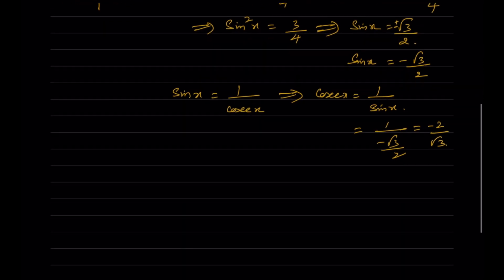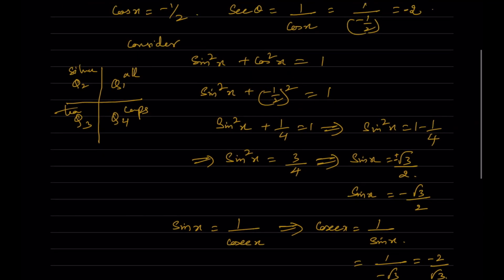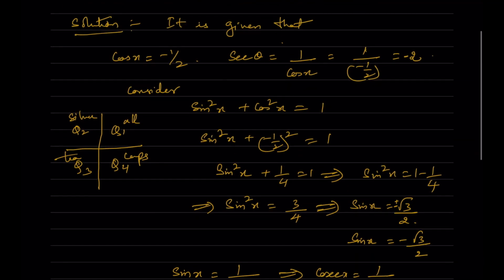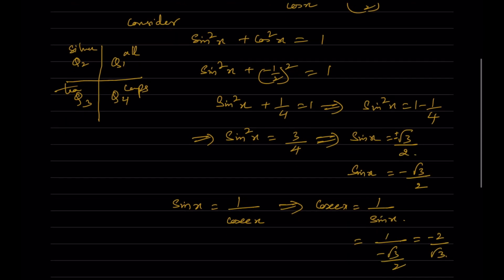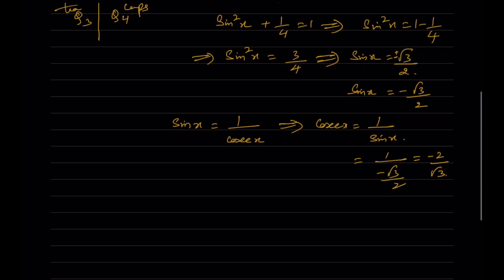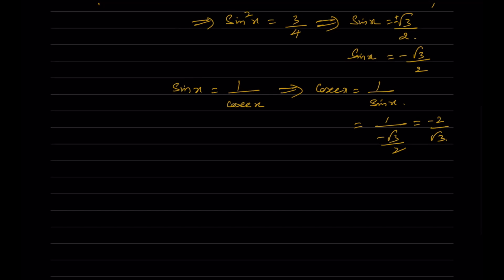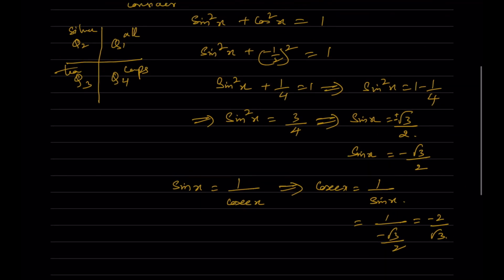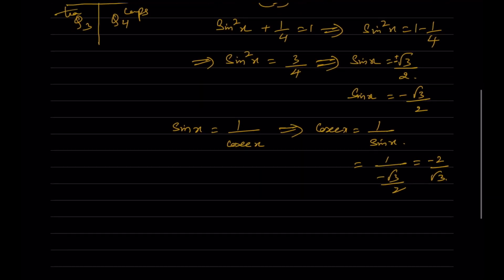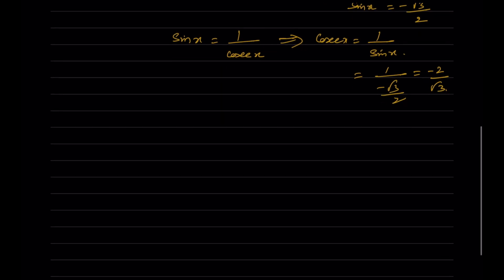Since we are in the third quadrant, this is also negative. So we got cos is negative, secant is negative, sin is negative, cosecant is negative. Now in the third quadrant, all silver tea cups means tan and cot are only positive. So whatever values we get for tan and cot, we take them as positive, because in the third quadrant they are positive.